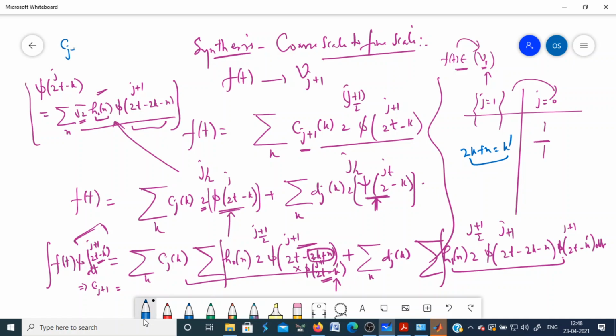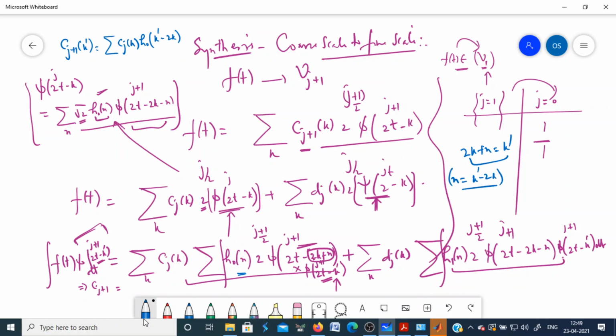You have Cj plus 1 of k cap equal to summation of Cj of k, and this entire summation will turn into a single value, that is h naught of k cap minus 2k. That will happen only when n becomes k cap minus 2k.